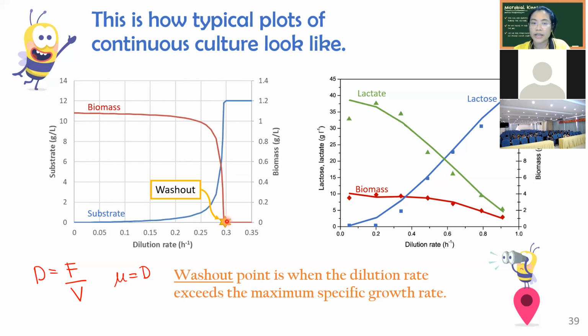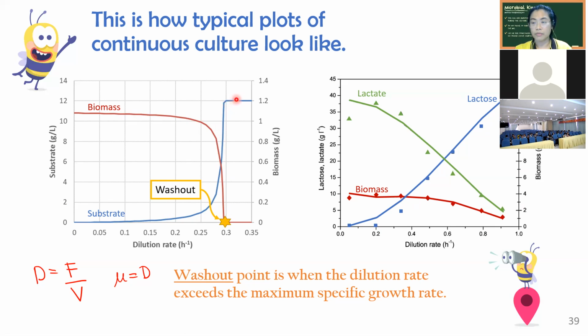Eventually, it will reach a point called the washout. The name says washout. It means that everything is washed from the system. When everything is washed out, there's no biomass in there. The substrate that you put in stays unused because it goes in so fast and goes out so fast, the cell doesn't have time to use it.